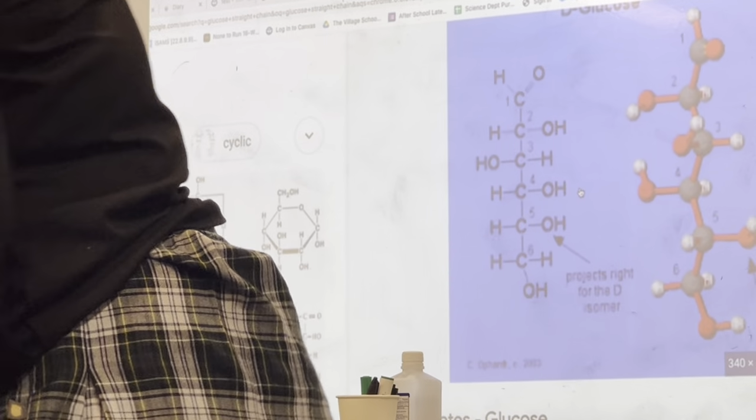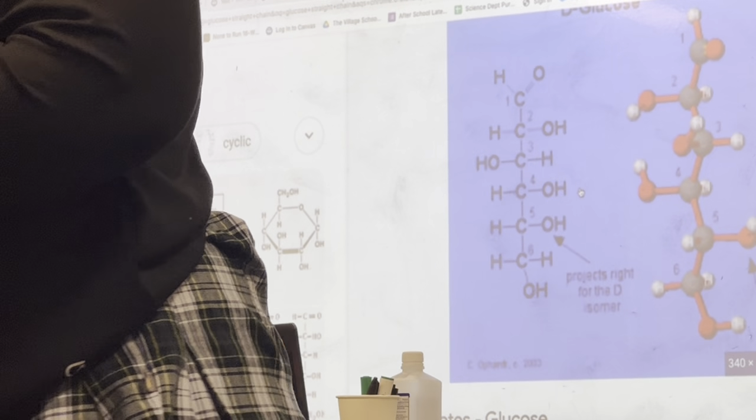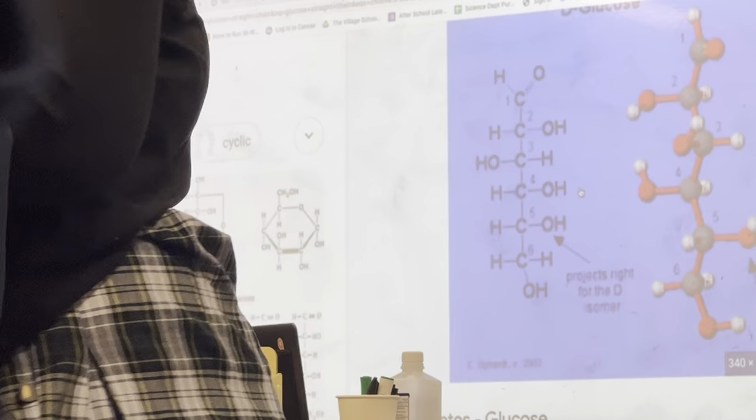So if you have a sugar, I need you to find the aldehyde or ketone in the sugar, and I need you to find the chiral carbon farthest from it. We're gonna find the carbon farthest from it that is chiral. So I'm not looking at that. That's not chiral. How do I know? It has two hydrogens.